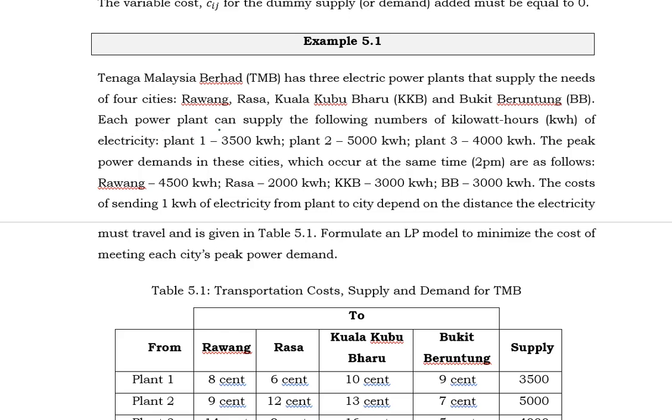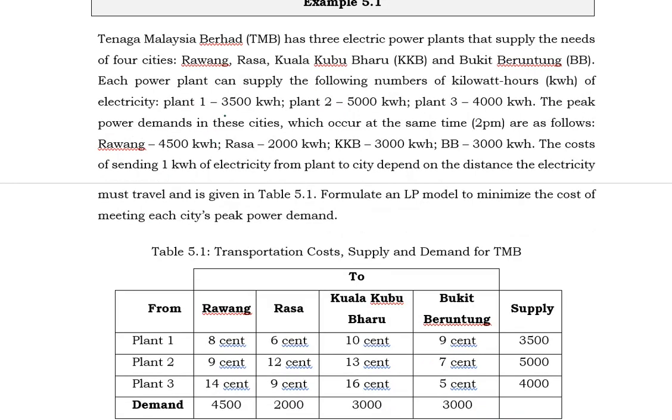Each power plant can supply the following numbers of kilowatt hours of electricity. Plant 1 can produce 3,500 kilowatt hours. Plant 2 produces 5,000 kilowatt hours. Plant 3 can supply 4,000 kilowatt hours.